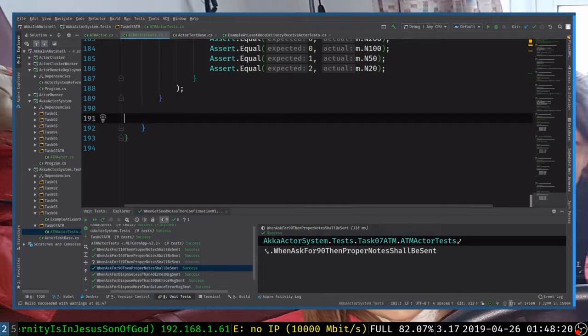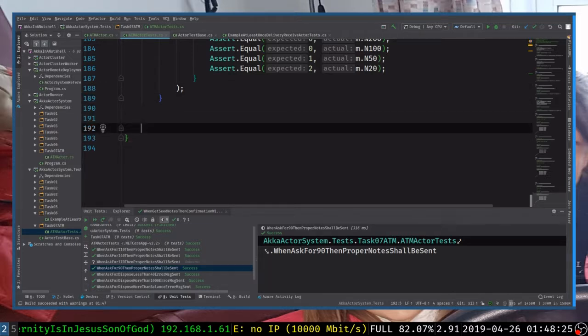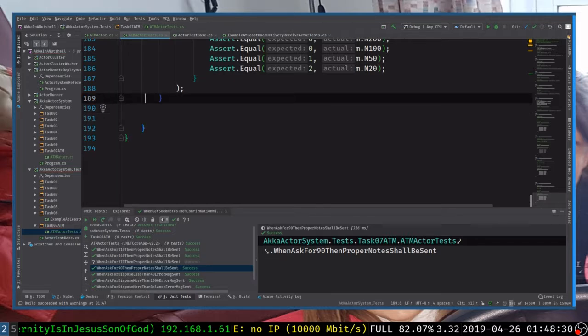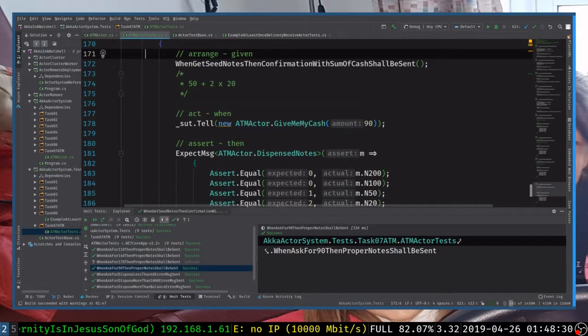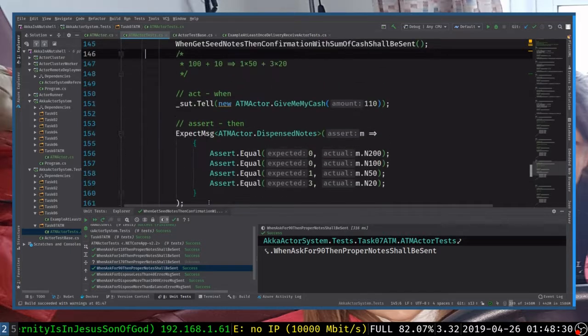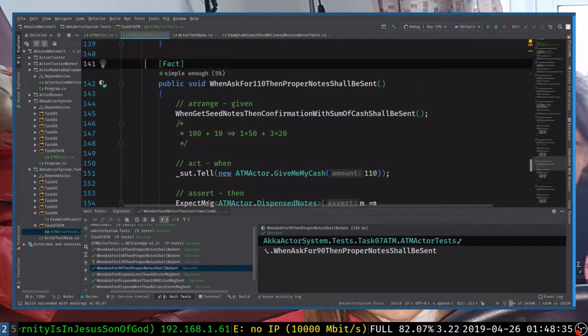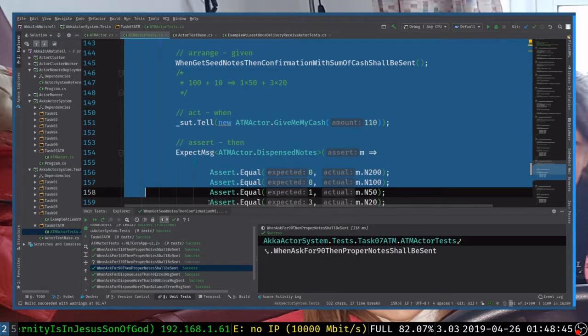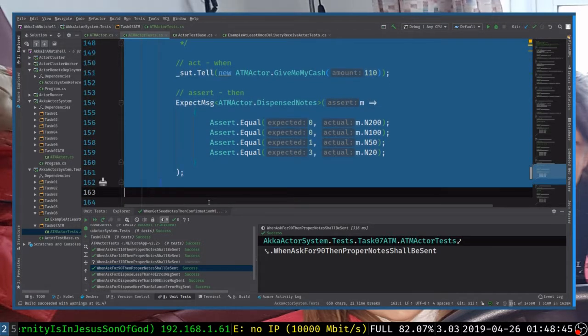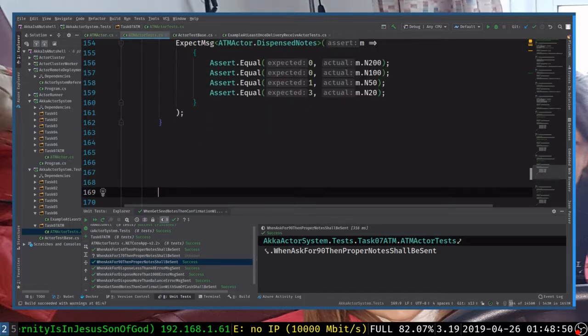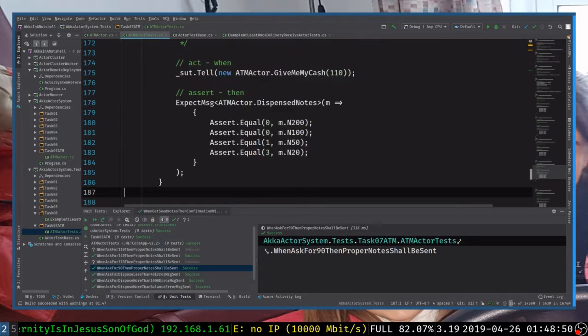What we need to think is how we can test or validate that our ATM will give us money if we expect it in a different way, right? So let's do this in manual. Let's think.